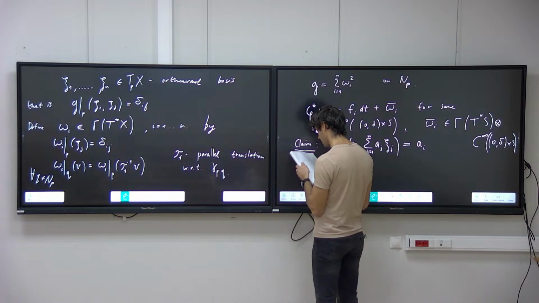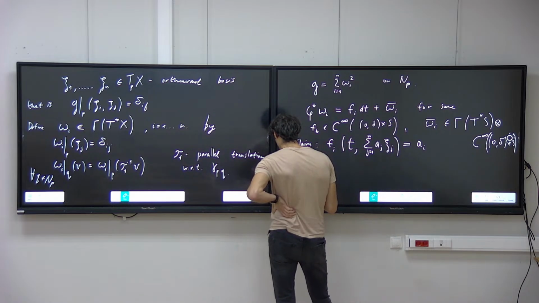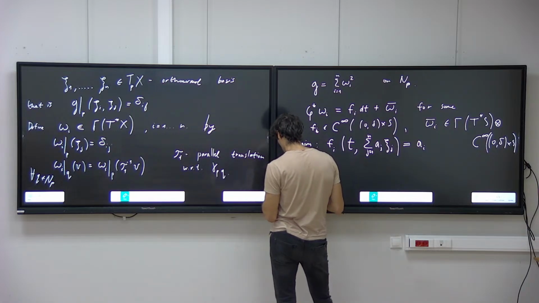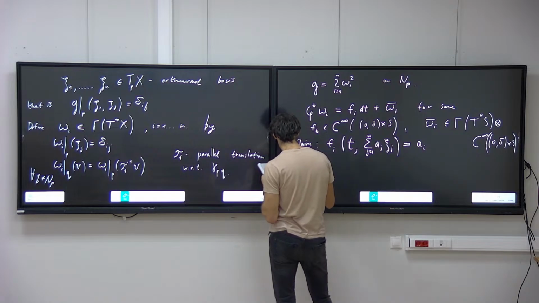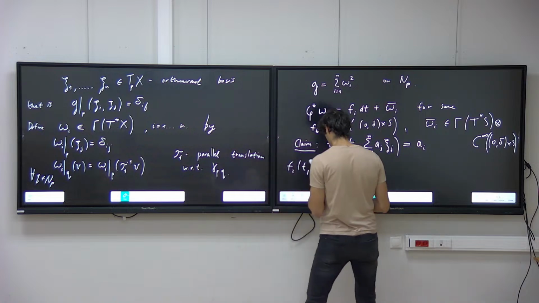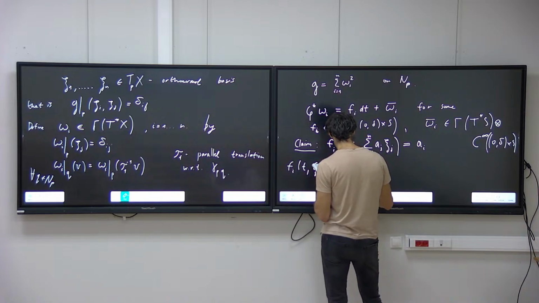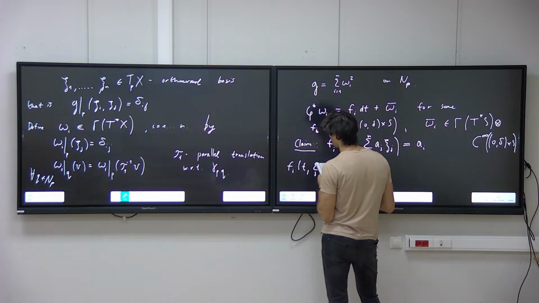Let's see that. So this left-hand side, fi of t of sum over j, aj, xi j, it's the same as phi star of omega I, right?